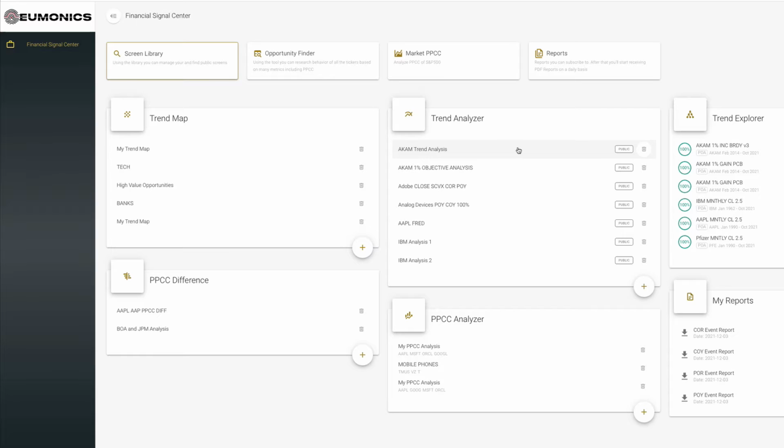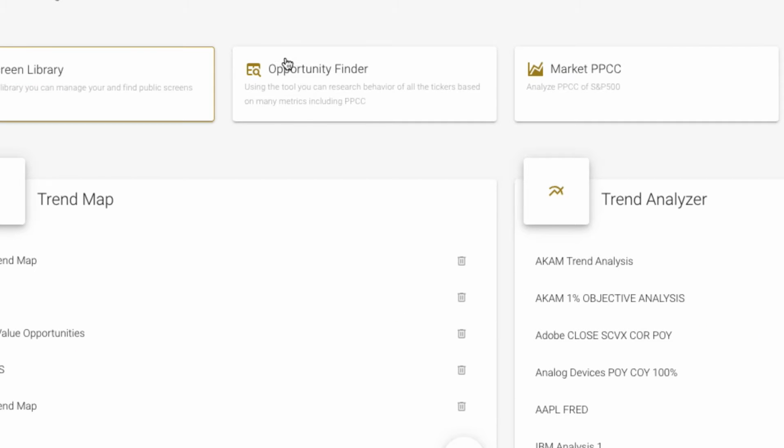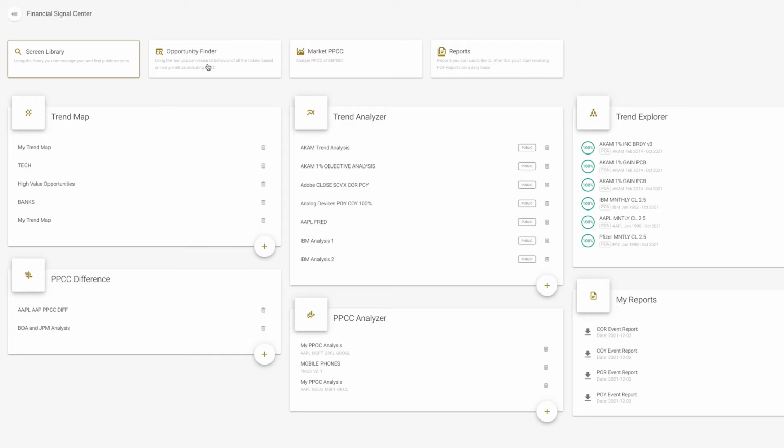In this video, we're going to talk about Opportunity Finder. Now on your interface, you'll see Opportunity Finder up towards the left-hand top side of the screen. What Opportunity Finder does is kind of what it says.